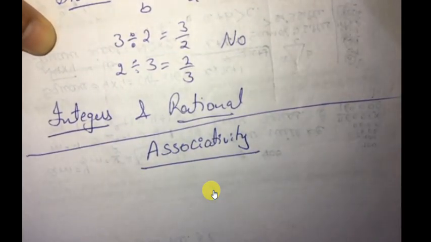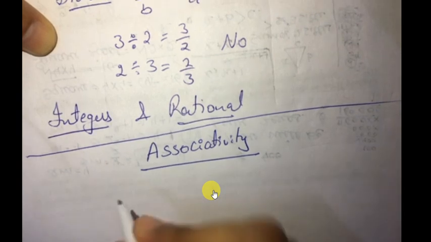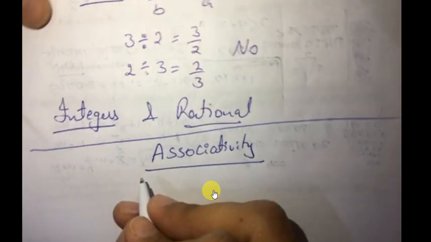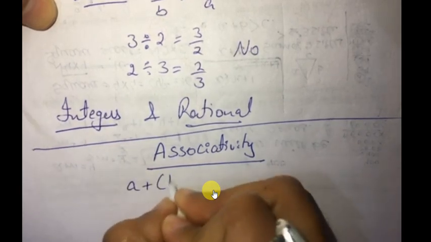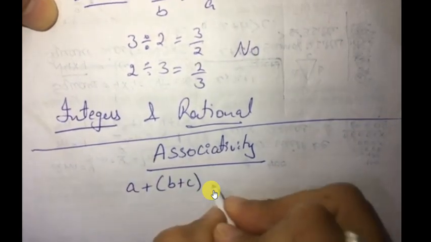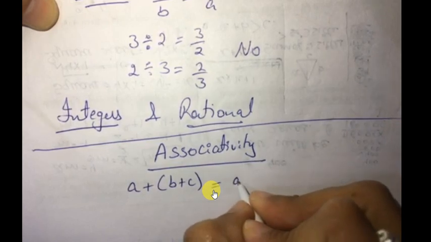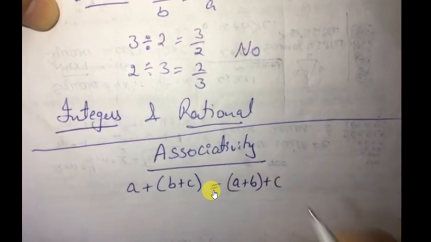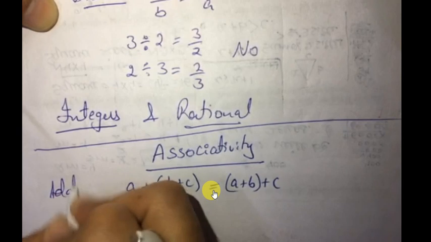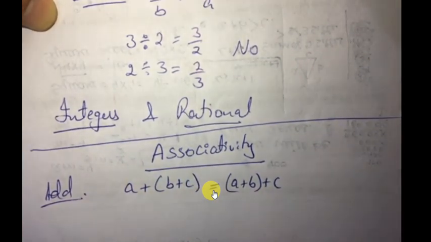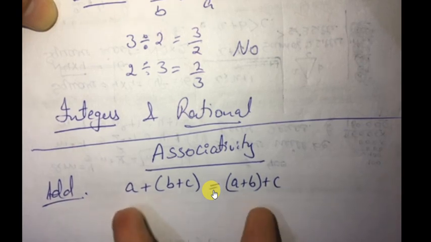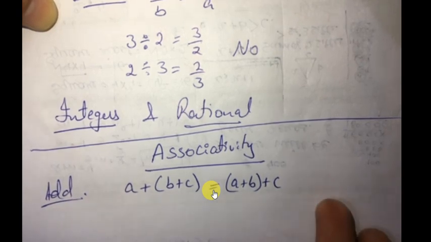Now what is associativity? Associativity states that if we add any numbers in this form, a plus bracket b plus c, this will give us the same result as bracket a plus b, plus c. This is for addition. Now you have to check by putting whole numbers, integers and rational numbers in this. If the identity is proving itself, then it is yes.